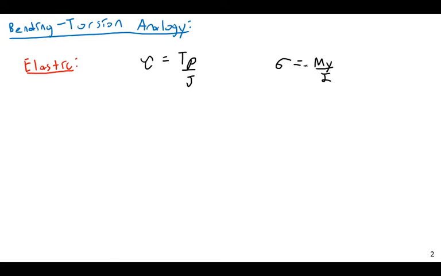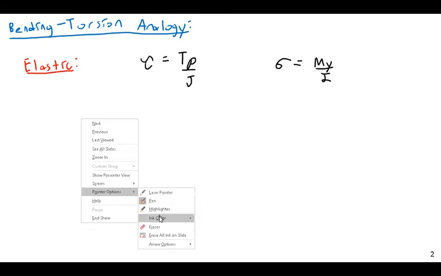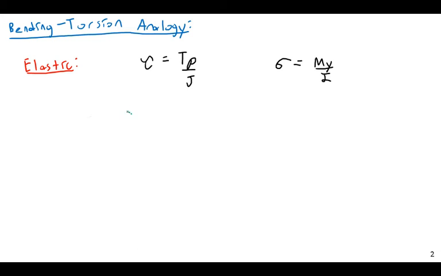Here, your torsional load is analogous to your moment, just like we use a torsion diagram and a moment diagram to find these. Rho is the distance from the center. Y is the distance from the centroid. J is your polar moment of inertia, and I is your area moment of inertia. And then the stresses tau and sigma, so shear and normal, both have a linear distribution, as we have seen in the elastic case.